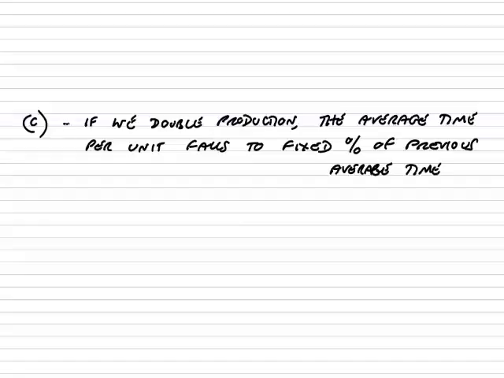Now, you don't need to write that to get the marks, but if that's all you did, you'd get 1 mark. The important thing for the illustration is that it's dealing with the average time.